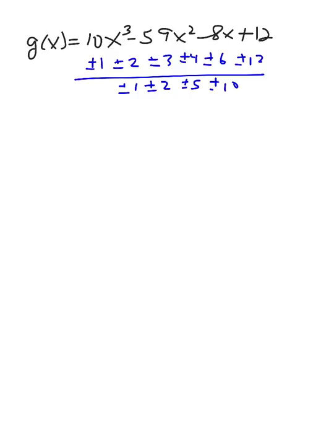Okay, so now my possible rational zeros. We have plus minus 1 over plus minus 1 is 1, plus minus 1.